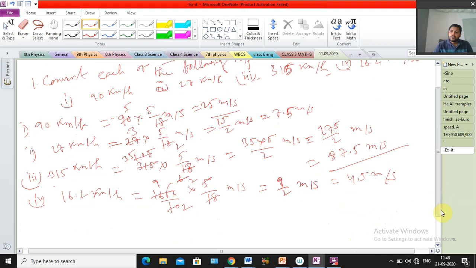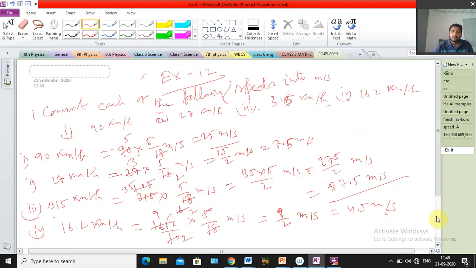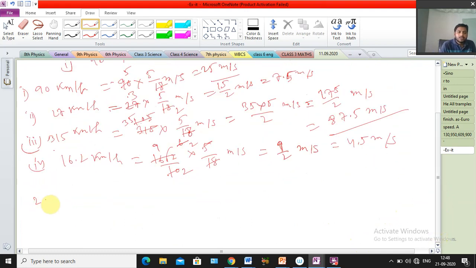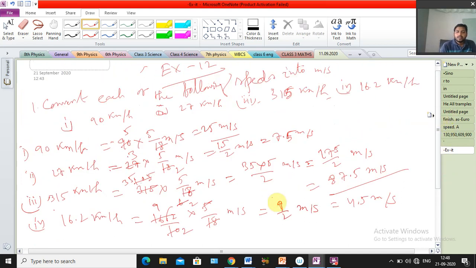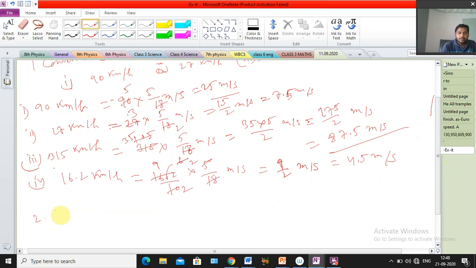So question number 1 is finished. Next, question number 2. Question number 2 is just the opposite. Here kilometer per hour was given, and now we have to change into meter per second. There the question says: convert each of the following speeds into kilometer per hour.